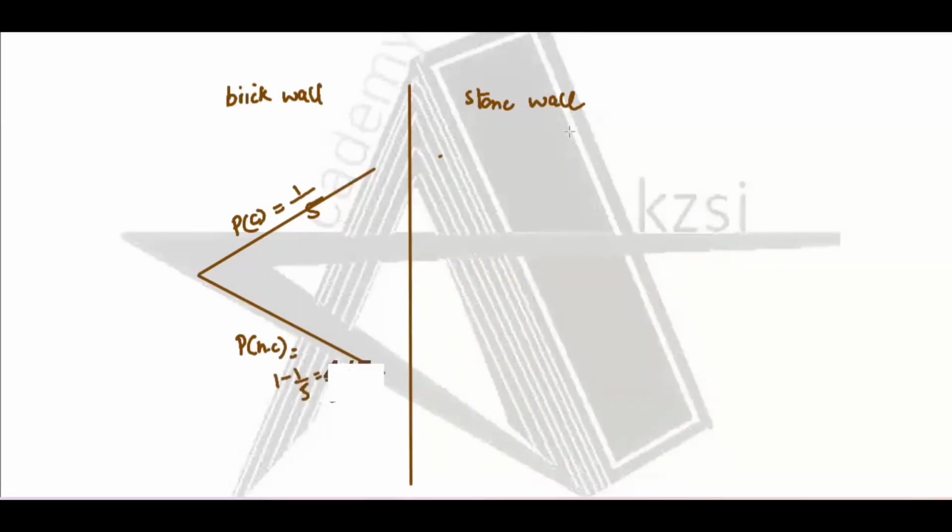Now the next is for stone wall. So suppose he has already completed the brick wall, still either he can complete the stone wall or he can't. So probability of completing the stone wall is 1 over 6. So not completing will be 1 minus 1 over 6, which is 5 over 6. Again, since they both are independent events, that means the probability is not dependent on each other.